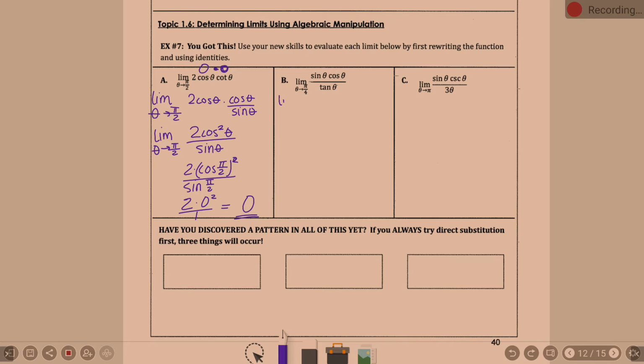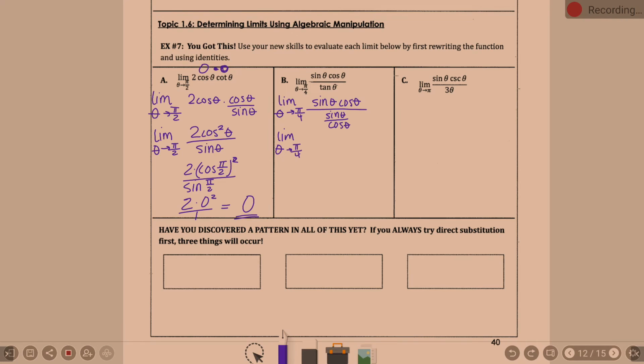So the limit as theta approaches pi over 4 of sine of theta cosine of theta divided by sine over cosine. How do you divide by that? Switch it around, multiply by the reciprocal.